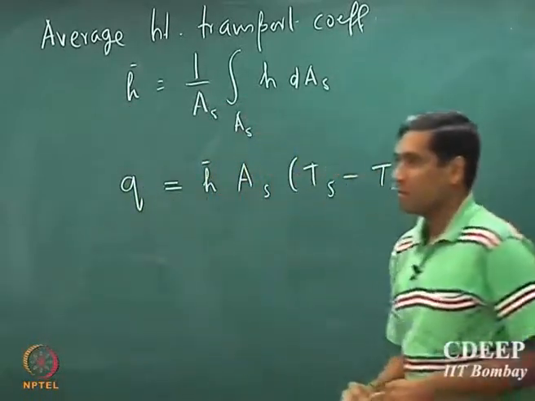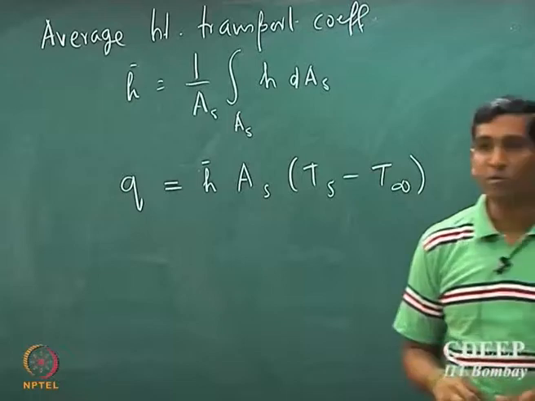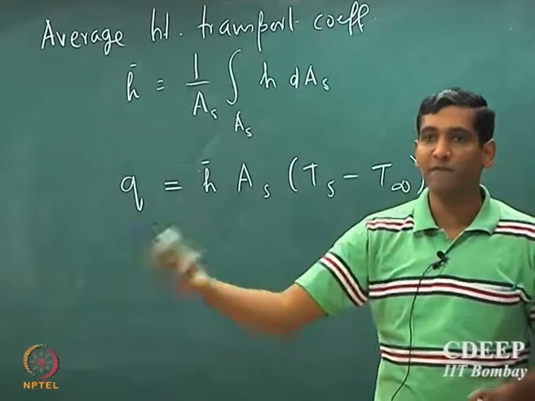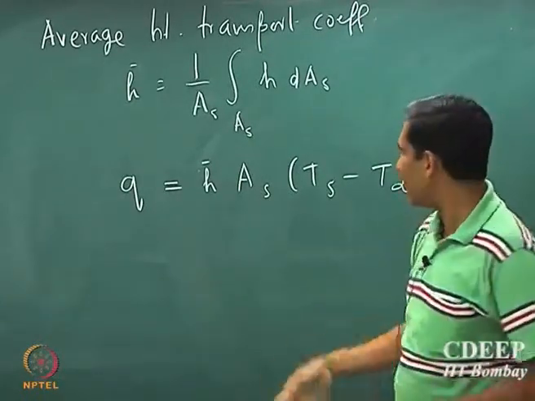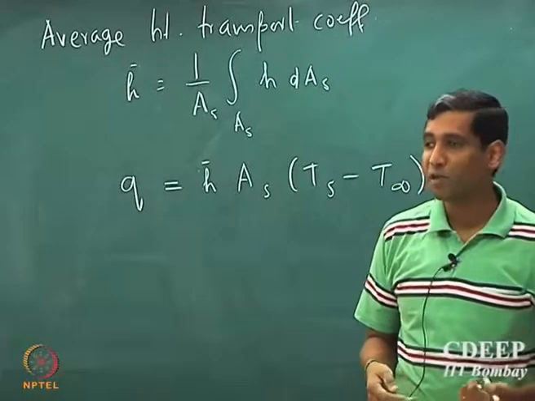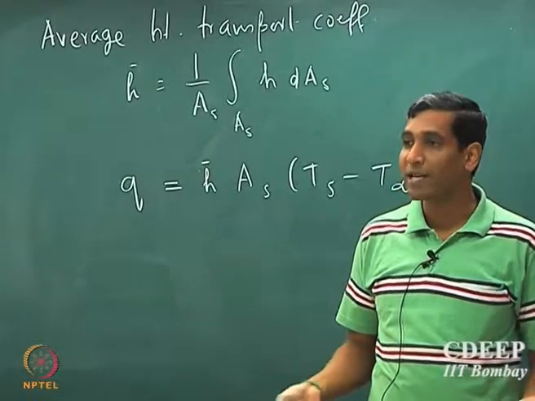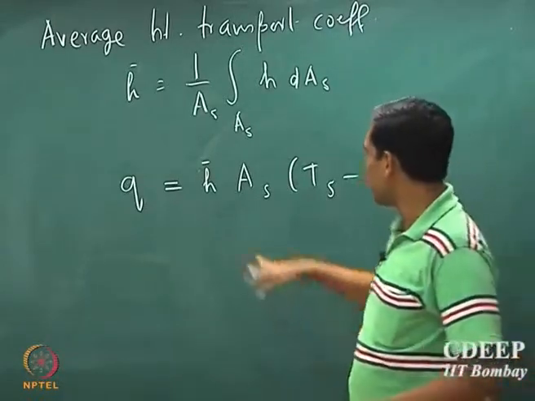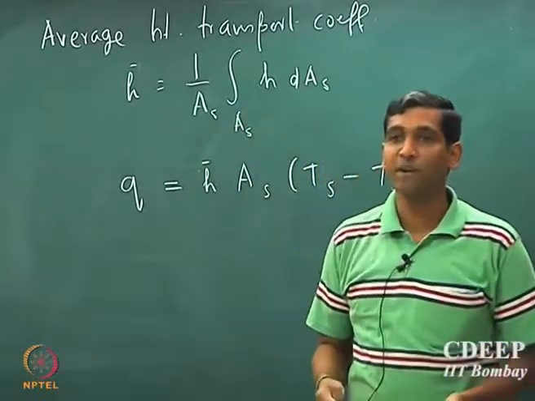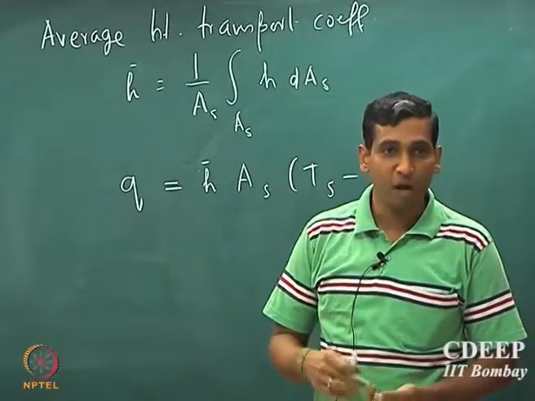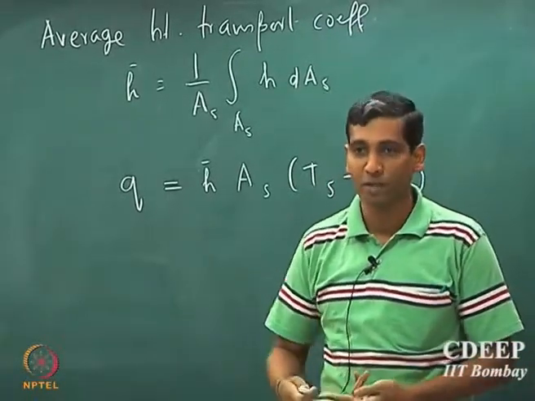Okay. So when we talk about Newton's law of cooling in the earlier framework, when we discussed conduction, we really meant the average heat transport coefficient. We assume that it doesn't change, and so it's the average that we were looking at. So in principle, the heat transport coefficient can be a function of position, it's a function of geometry, it's a function of the flow properties, etc.